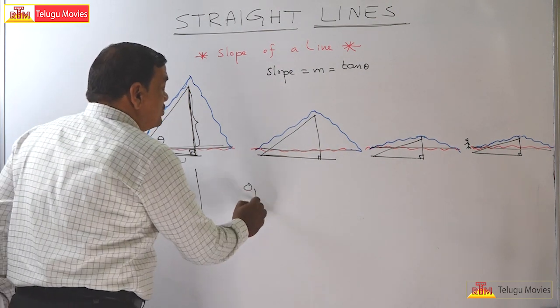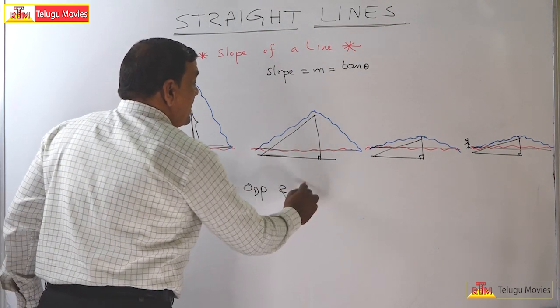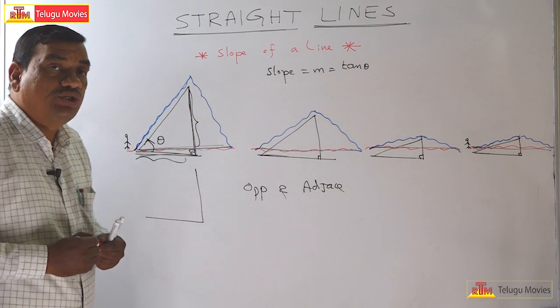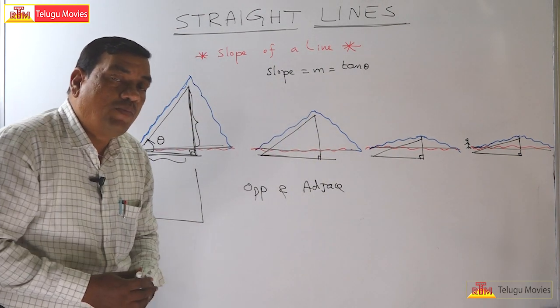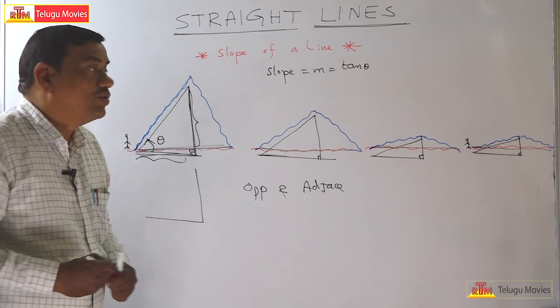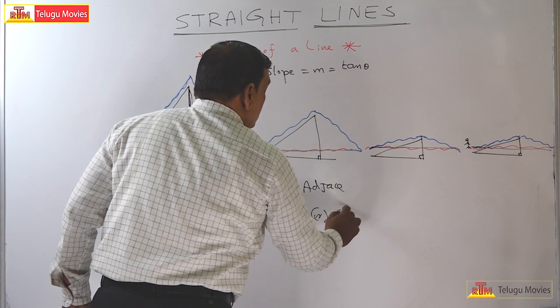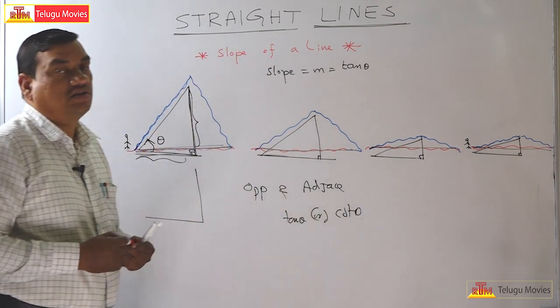So in our 6 trigonometric ratios, which gives the opposite side to adjacent side ratio? This is only tan θ or cot θ.